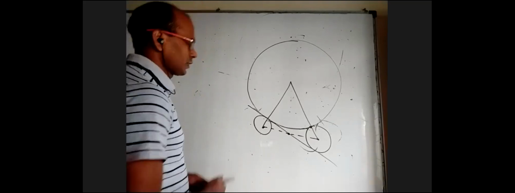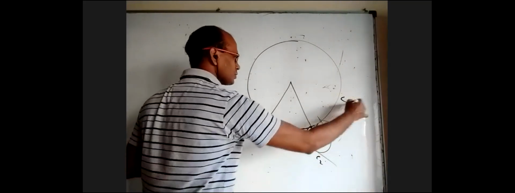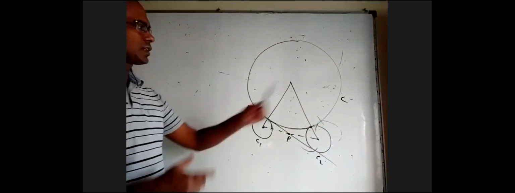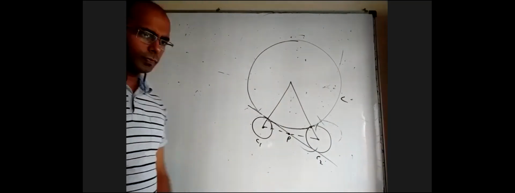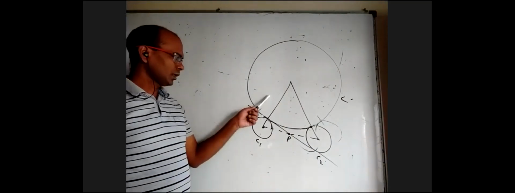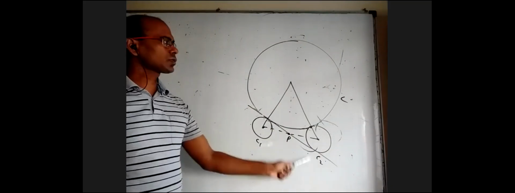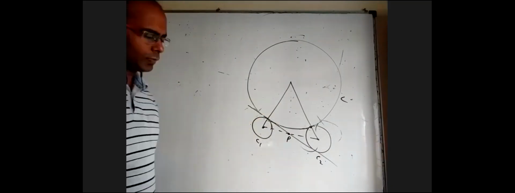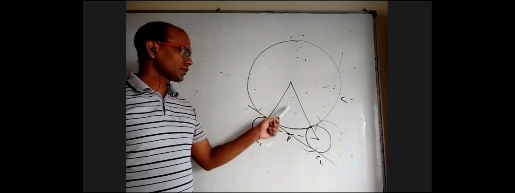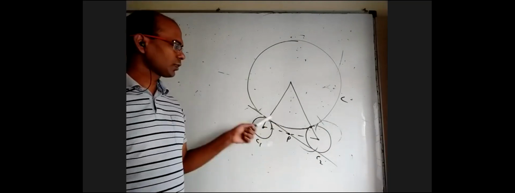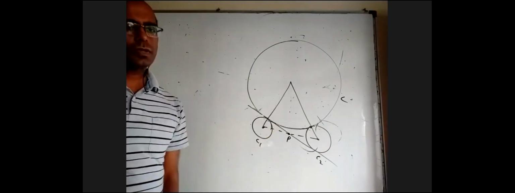Okay, so this is the figure somewhat. This is P, this is C1, this is C2, this is C. C is touching C1 and C2 externally, and the common tangent of C1 and C is also a common tangent of C and C2. For these two, this is transverse. For these two, this is direct, and it will pass through this midpoint and touch orthogonally.